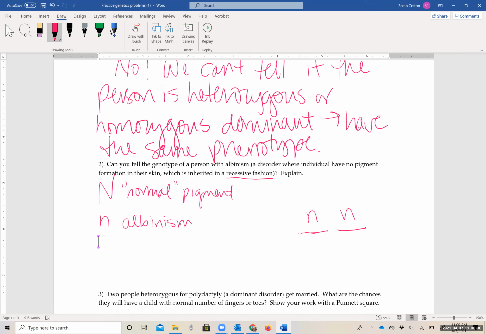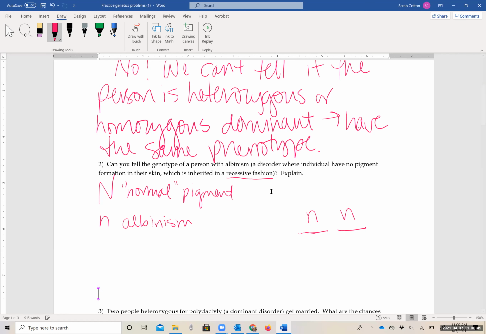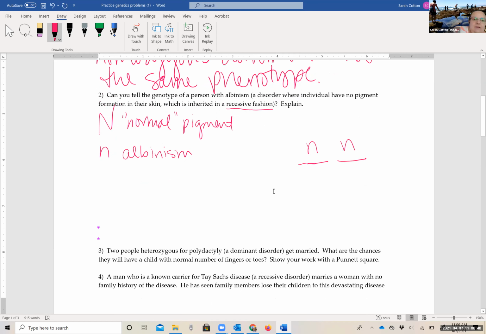I was going to say the only way that somebody will express a recessive phenotype is if their genotype is homozygous recessive. So scroll down a little bit.